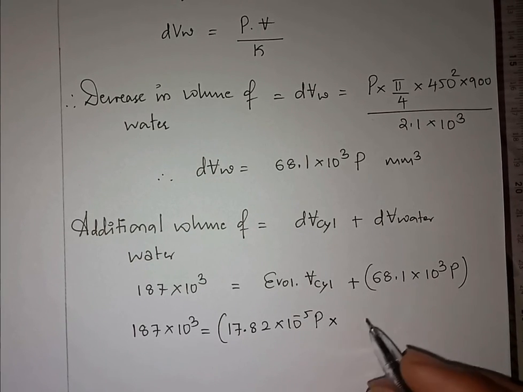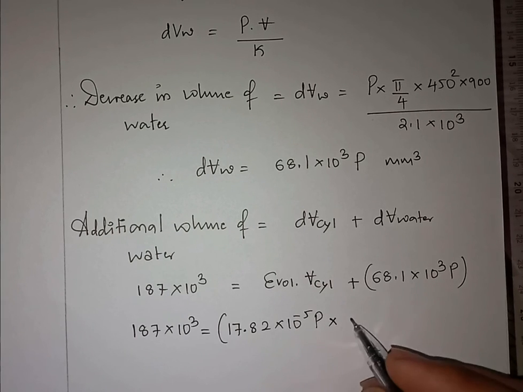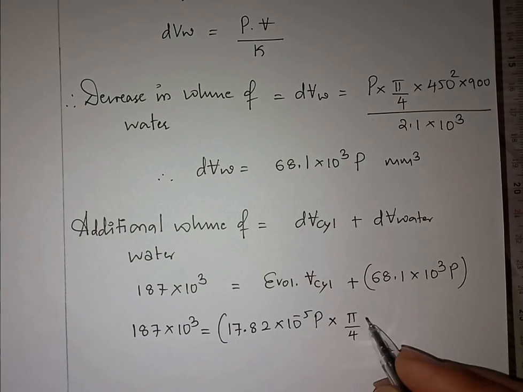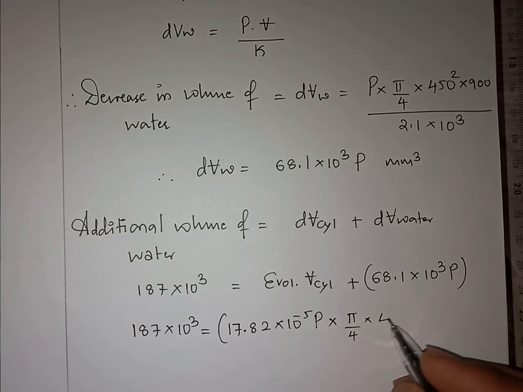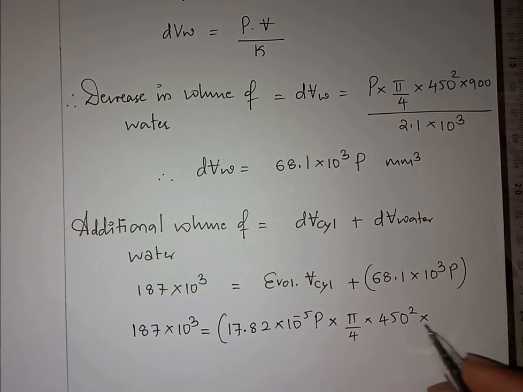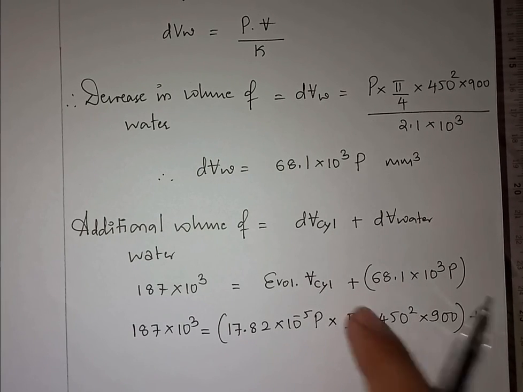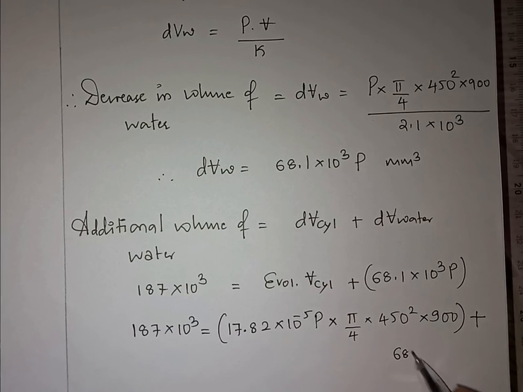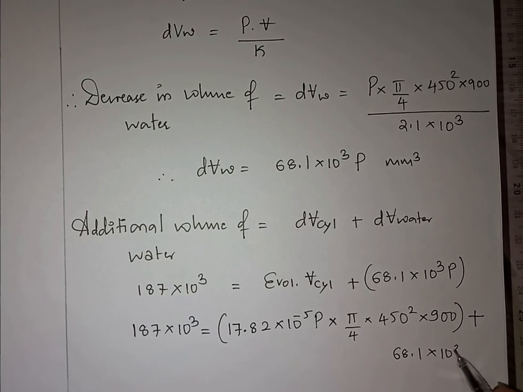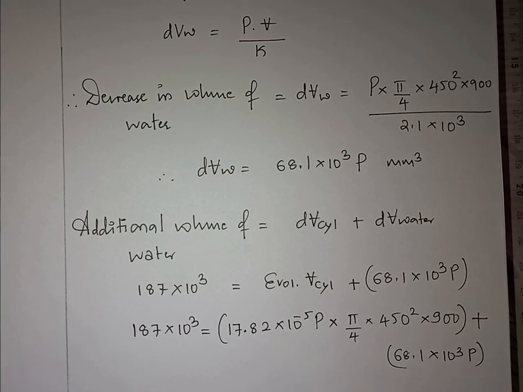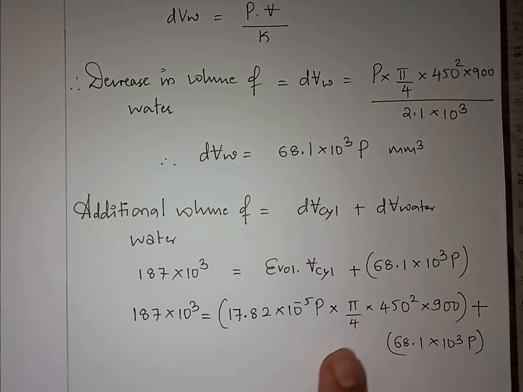That I should multiply with the volume of cylinder, which is pi by 4 into d square into L, plus 68.1 into 10 raised to 3. Right, so if you check this expression, there is only one unknown, p, which you need to calculate.